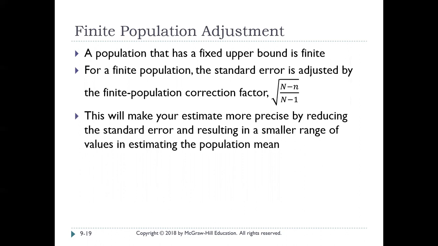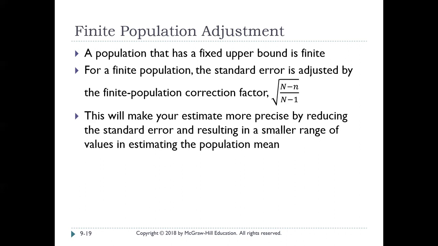However, if you're talking about sampling states in the US, and you're thinking about doing 49 states out of 50, you pretty much have a population. You're just missing one state.